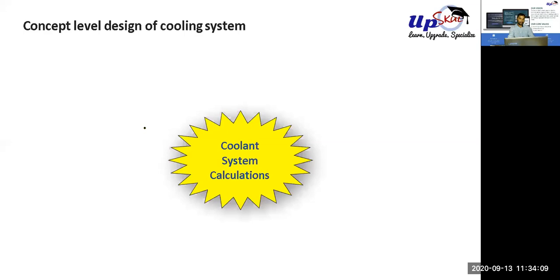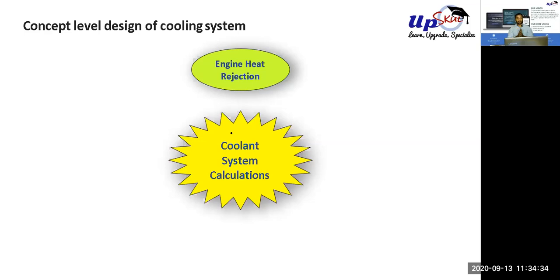I have been doing this for quite some time. Four projects I have completed till now, and none of my engines actually exploded or seized. So I think I'm pretty confident in this area. There are six different elements to designing a cooling system at the concept level.